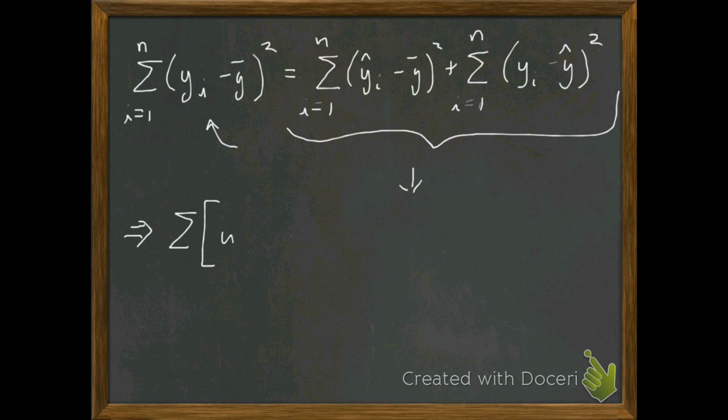So I can go y hat sub i minus y bar plus y sub i minus y hat sub i, squared.